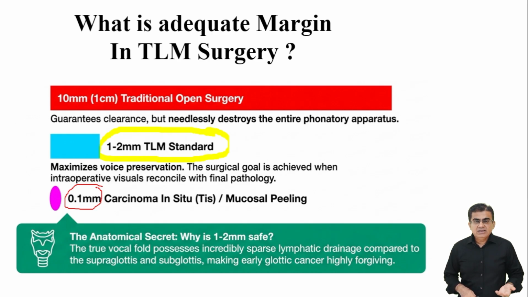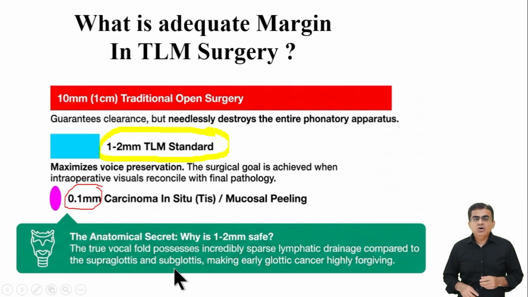Now you might ask, how come such a tiny margin can be oncologically safe? Look at the green box at the bottom of your screen. This is the fundamental anatomical secret of early glottic cancer. The true vocal fold possesses extremely sparse lymphatic drainage.